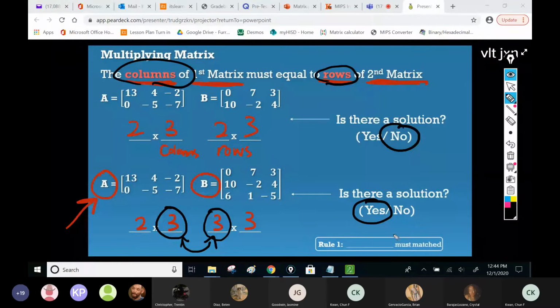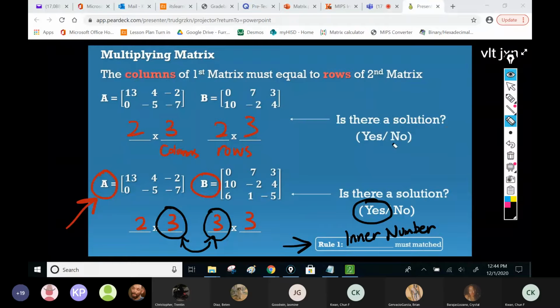All right, summary. Number one, multiplication of matrices: the inner numbers must match.